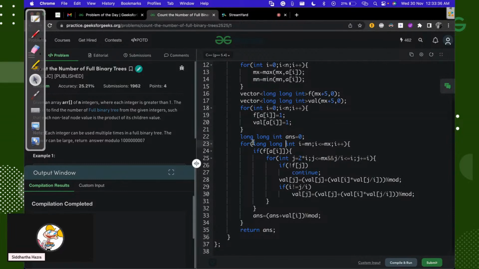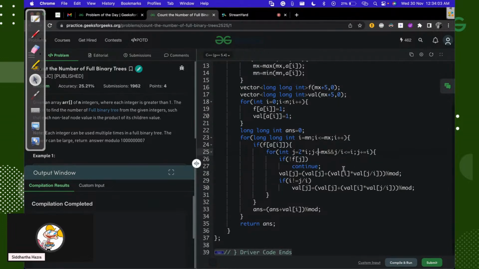Then the next line is long. Maybe it starts from the min value and i is less than the maximum value, and i plus plus for int f of i, and then we have for int j is equal to 2 into i, j is less than mx and j by i is less than equal to j, plus equals to i.